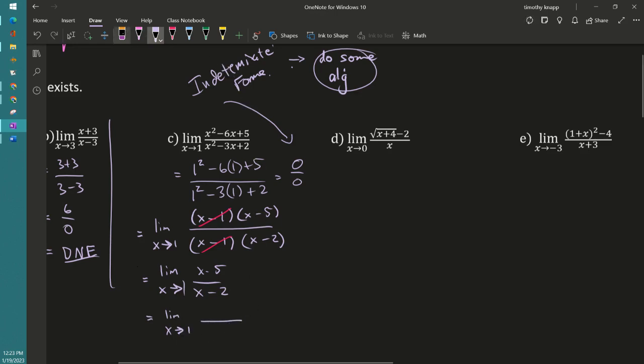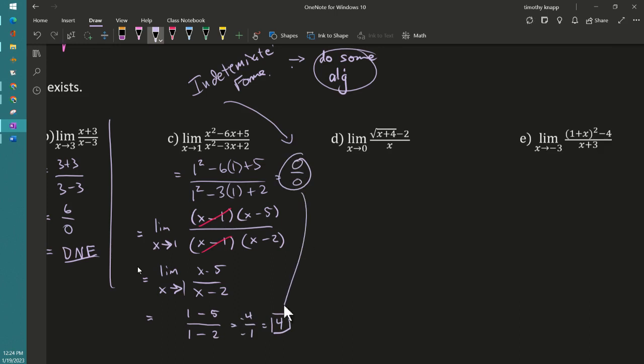Oh no, I don't have to write the limit anymore because I'm actually going to plug the 1 in. So it's going to be 1 minus 5 over 1 minus 2, and I'm going to get negative 4 over negative 1, or a 4. So it wasn't 0 over 0. It turns out it was actually 4. And I only discovered that after I sat back and did some algebra.